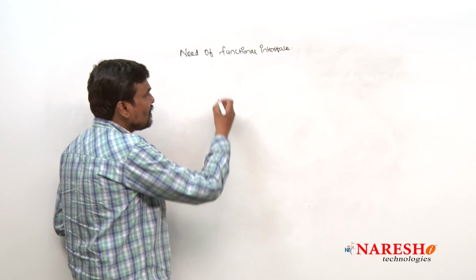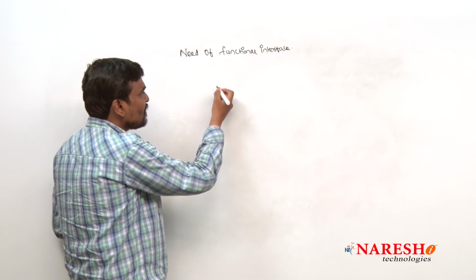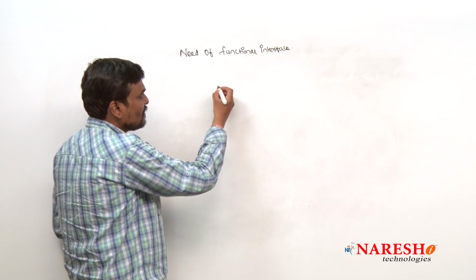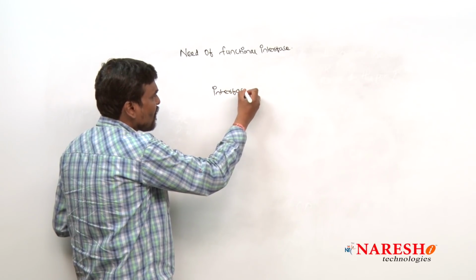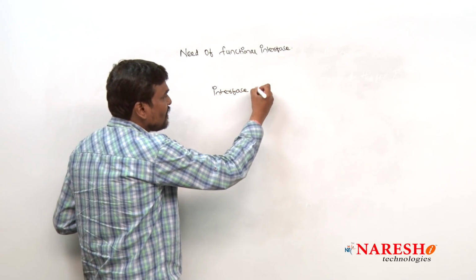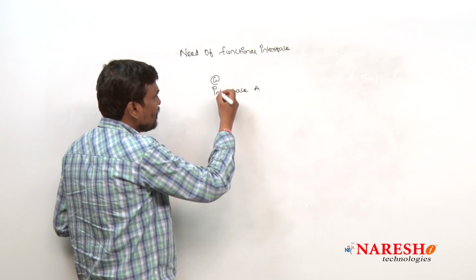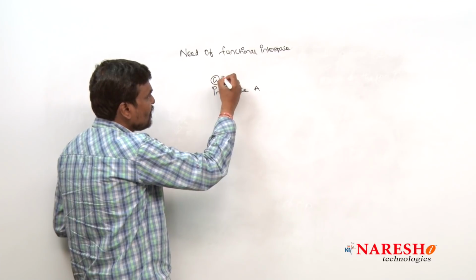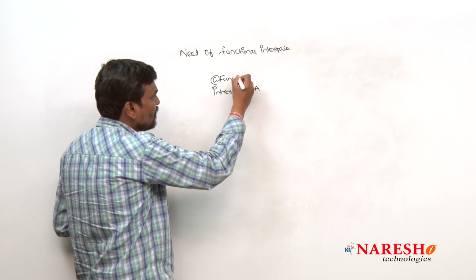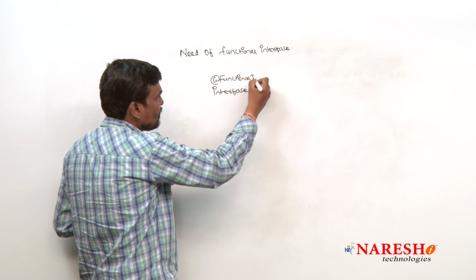Now as I said, a functional interface is an interface which contains only one abstract method. This is how you write a functional interface: interface, interface name, and to check whether this interface is a functional interface or not, you use the annotation @FunctionalInterface.